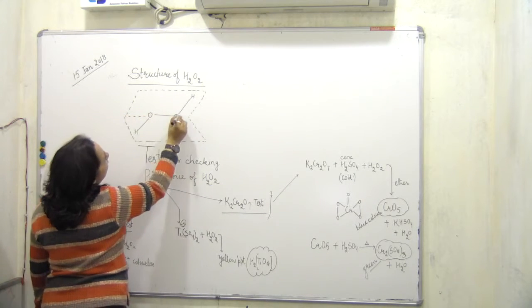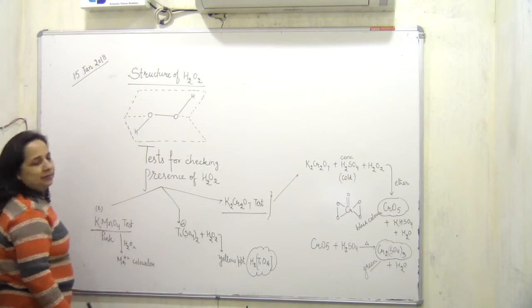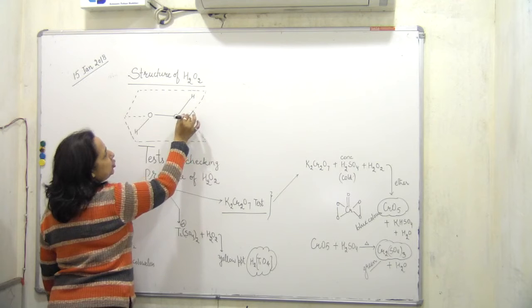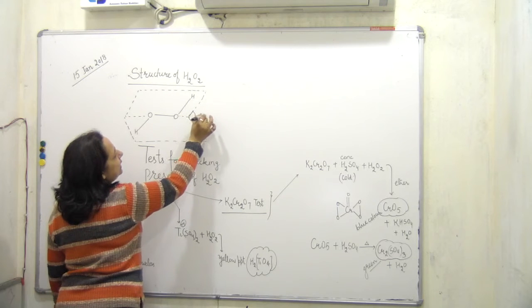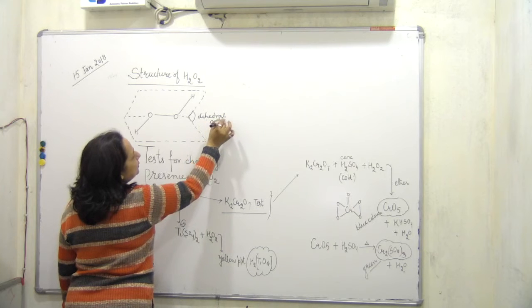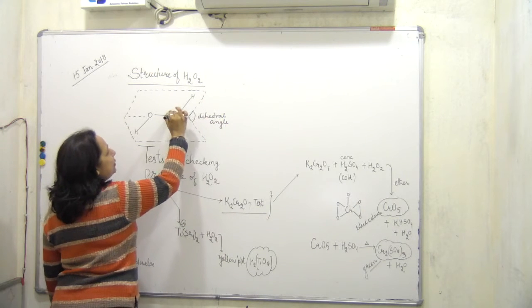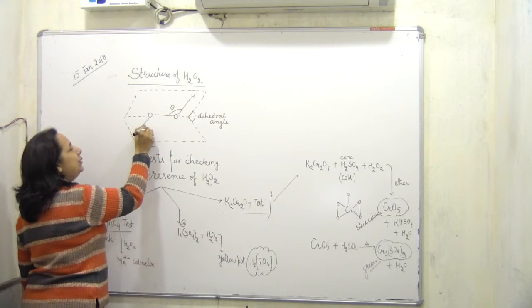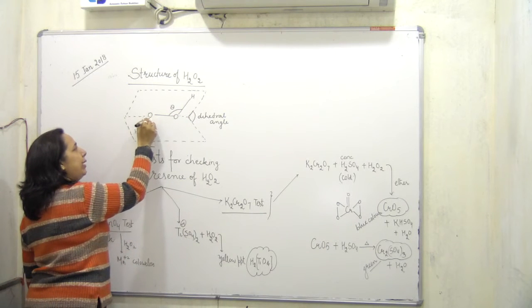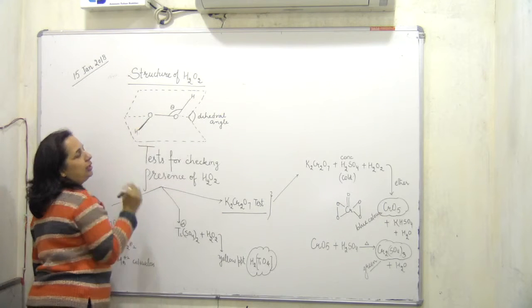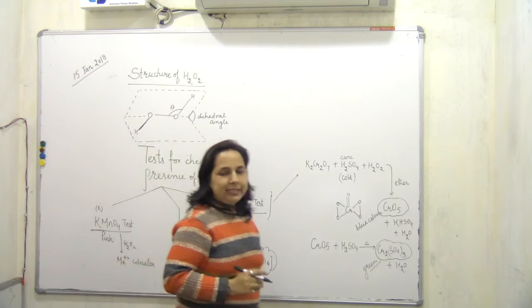The angle of the book between the two pages is called the dihedral angle. The angle between the O-O-H bonds is theta. Regarding bond lengths, there is the OH bond and the OO bond. Right?